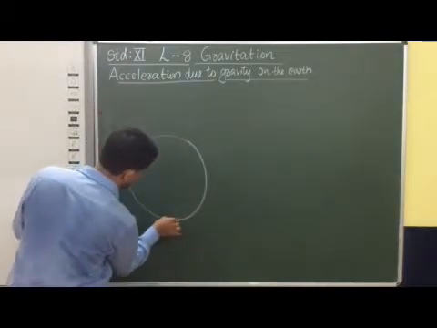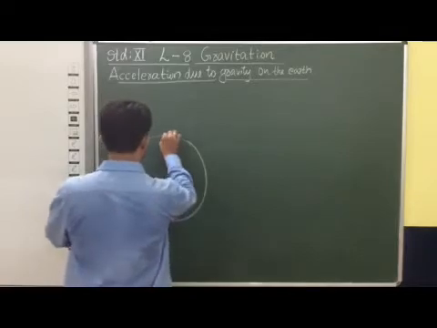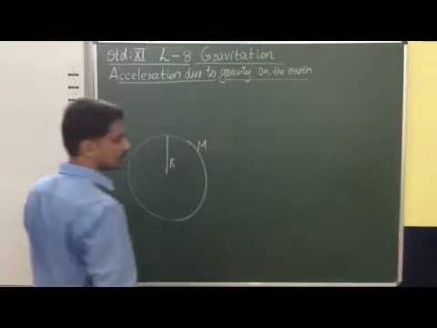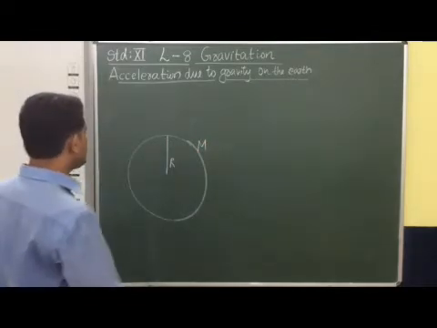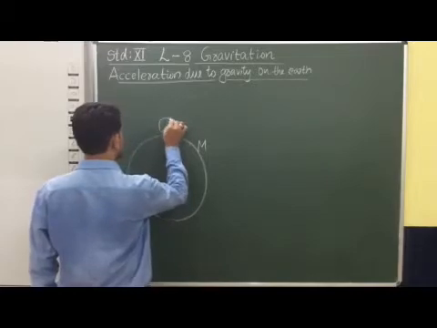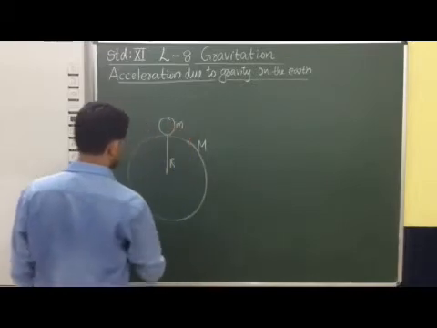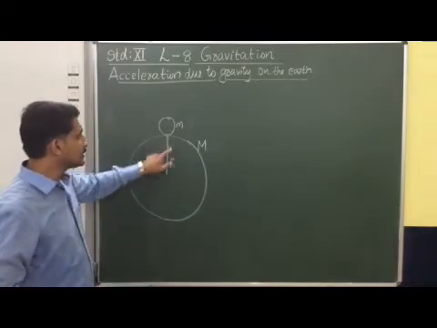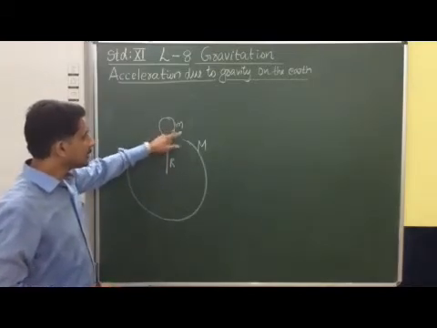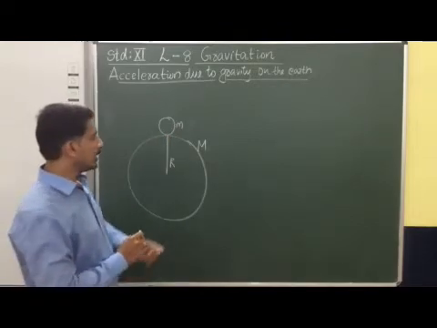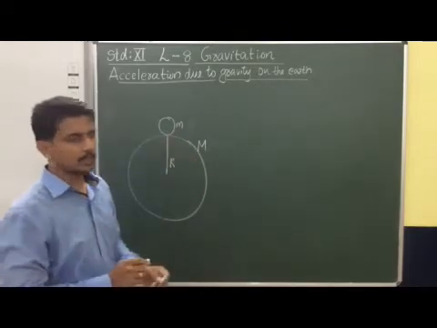We consider the earth, which has a radius r, and let M be the mass of the earth. We consider the situation where an object of mass m is lying on the surface of the earth. When the object is lying on the surface of the earth, the gravitational force acts between the object and the earth.